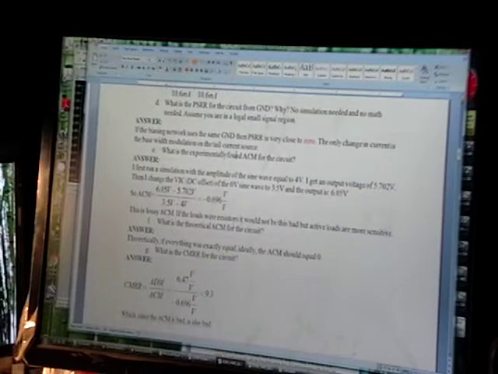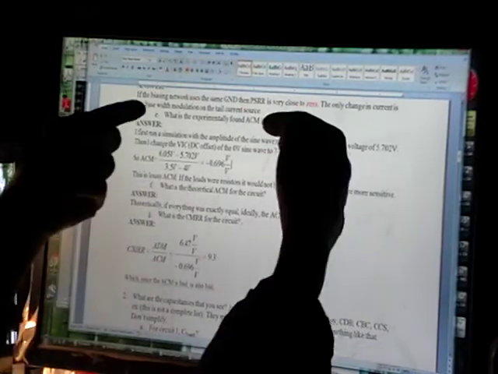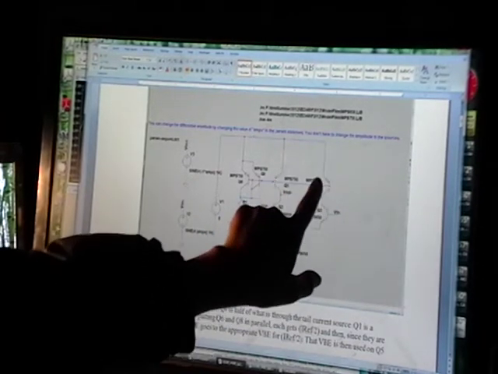Common mode is, and this is again going to be a little bit surprising if you simulate. Common mode rejection ratio means if you change the average of the inputs, how much does the average of the output change? In this case, it actually changes more than you would expect, and that's because you have these active loads that are really sensitive. When you change your average here, you've changed the VCE of Q1, which by base width modulation increases the current a little bit, and then because of the increase in current, these two transistors here are really sensitive, and the output will actually move more than you expect.